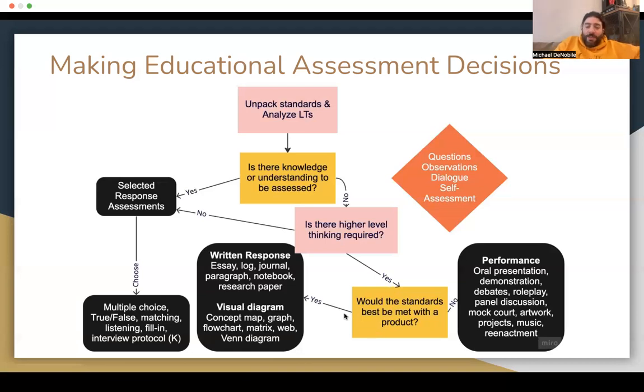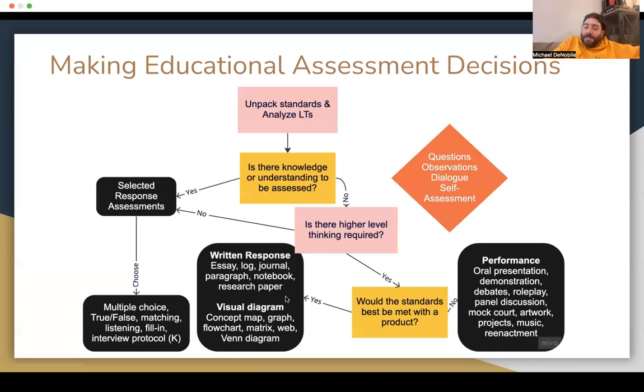If the answer is yes, we have two choices here. We can do a written response, which is most often what teachers choose, or a visual diagram. Written responses include the traditional essay. It includes student logs and journals. In lower levels of teaching at the younger grades, it could just be a paragraph, so like a short response.